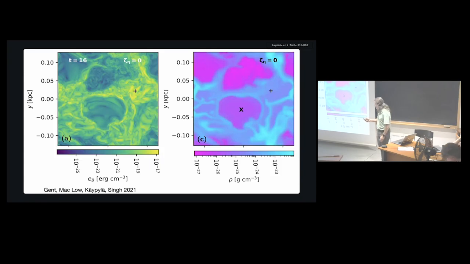So here's an example of the magnetic pressure and density for one of our models. This is, I think, 256 parsecs across. And you can see that we're, again, driving turbulence. And in the regions outside of the superbubbles, we're getting field growth.